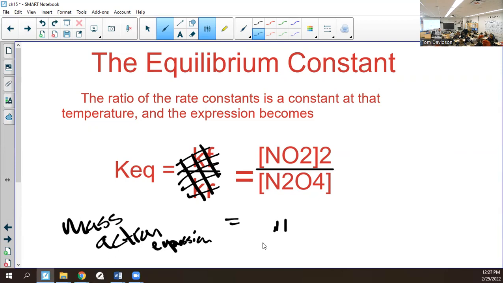I don't know. But the reason it's a pet peeve is it was my first year teaching and I didn't really know what I was doing. The kids came back the next day and said, you never taught us about the mass action expression, which was the equilibrium expression. It's like the most important part of the whole test. And half of them failed because they didn't know how to do the first problem, because I never taught them that equilibrium expression and mass action expression are the same thing.